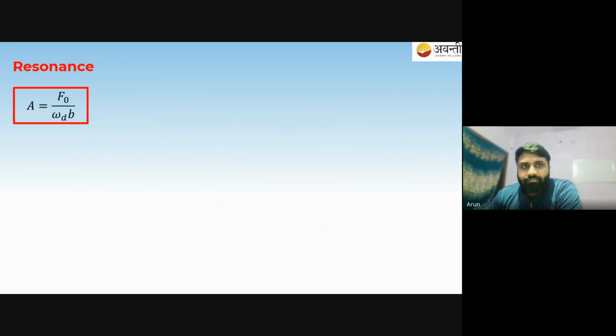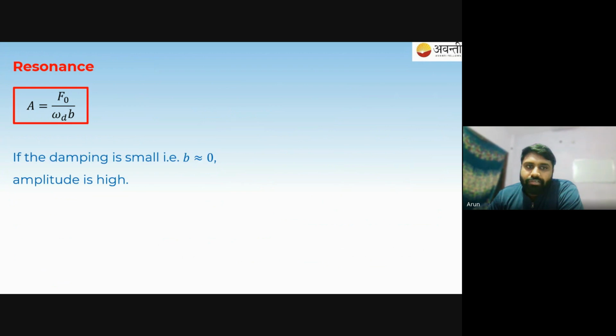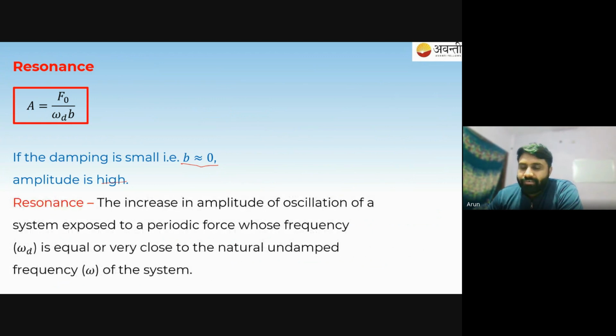Now, after this situation, we get resonance. If the damping is small, which means b is approximately 0, the amplitude is very high, and that is the phenomenon of resonance: the increase in the amplitude of oscillation of a system exposed to a periodic force whose frequency omega d is equal to or very close to the natural or undamped frequency of the system.